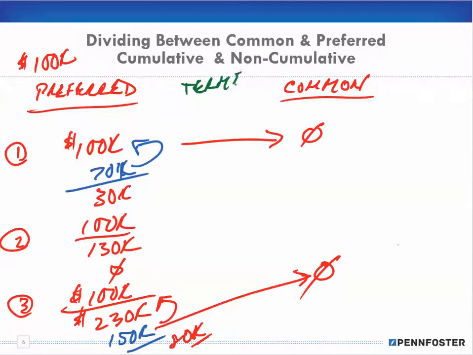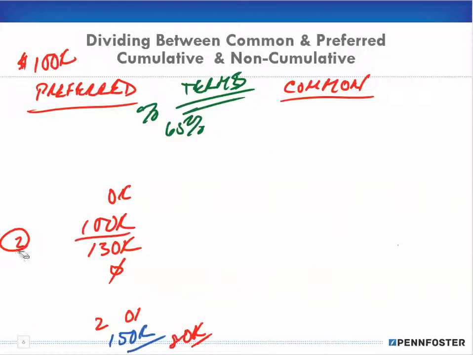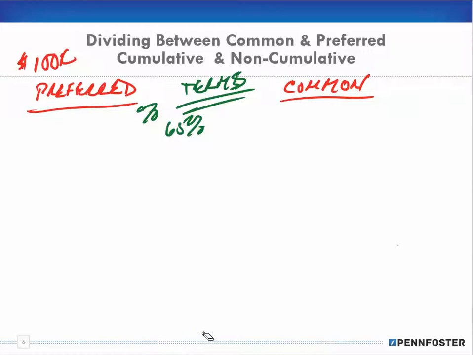All right, now I'm talking about this in dollar terms. What if it was done in percentages, meaning out of the dividend, say 65% is owed. Well, let me just do that real quick to give an idea as to what I mean by, you have to understand the overall concept, but the way it's applied is different.